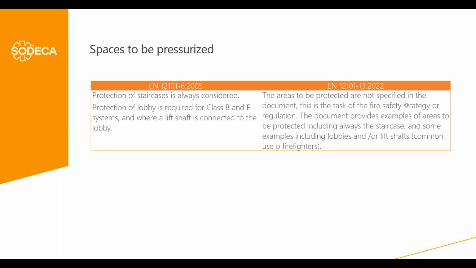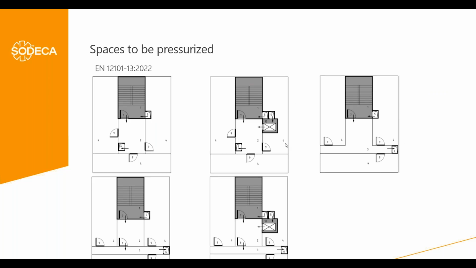As I mentioned, the spaces to be pressurized are considered in the standard in the old part 6, but are considered in the regulation in the new part 13. So the new part 13 does not clearly require whether you have to pressurize the lobby, or the lift shaft, or both.